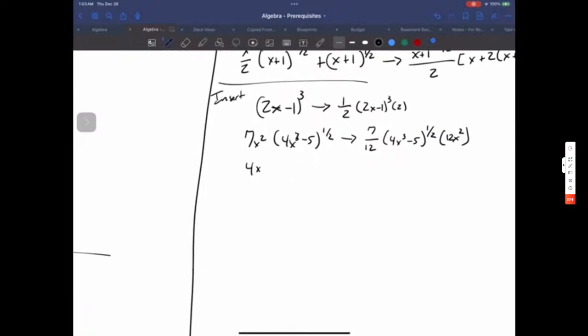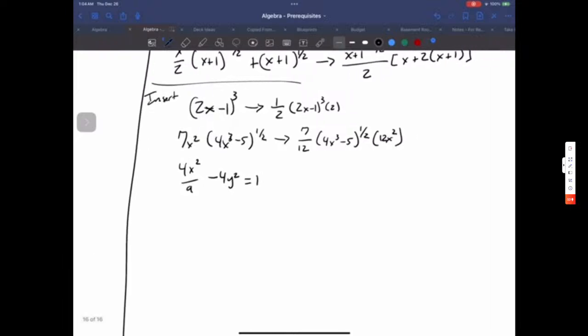Okay, 4x squared over 9 minus 4y squared equals 1. Okay, so this one is a special example. You don't know why yet, but this one should be written exactly like we talked about earlier. x squared over 9/4, and notice how he took the 4, the top of the top becomes the bottom of the bottom, and he took it down to the bottom.